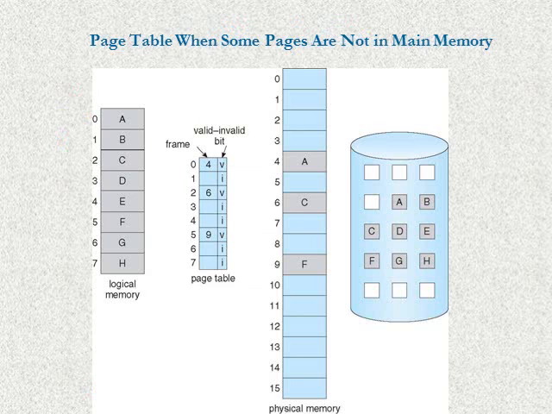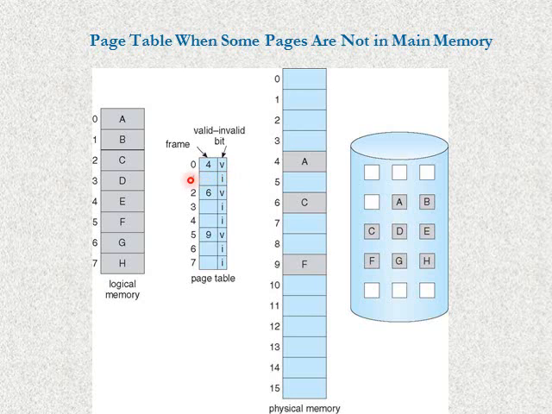Here we have an example of a process having 8 pages. Over here we have the page table associated with this process. You can see that some of those pages are translated onto frames, and their respective valid-invalid reference bits are valid.